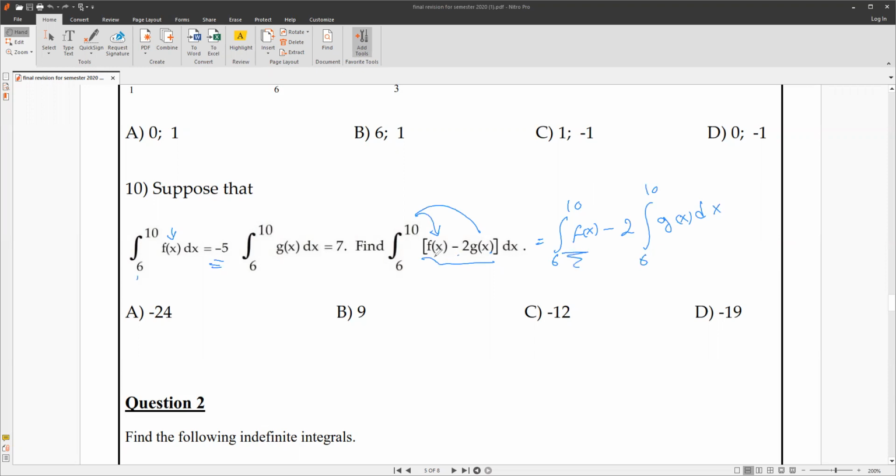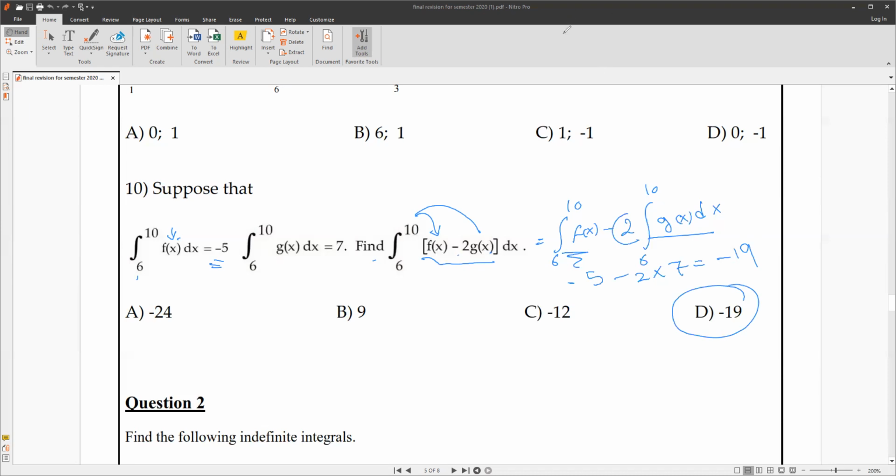I know what this value is, it is given already, -5. This one will be -2 multiplied by the definite integral, which is given as 7. 2 multiplied by 7, so it will be -19. That is why our choice is -19.